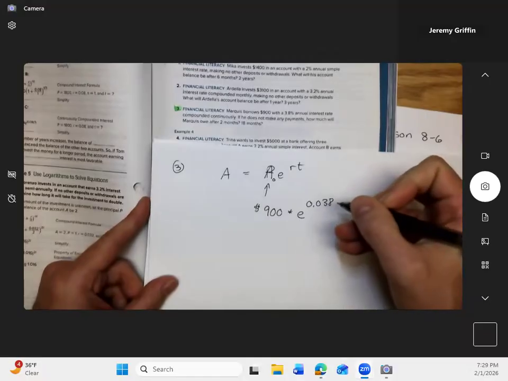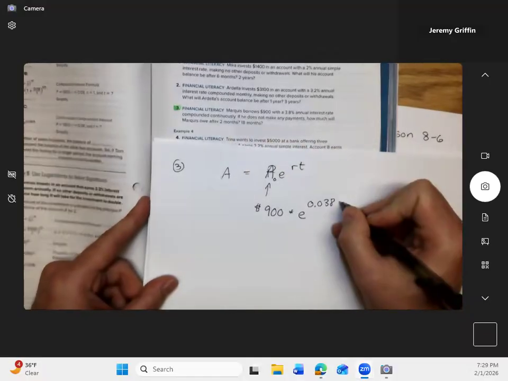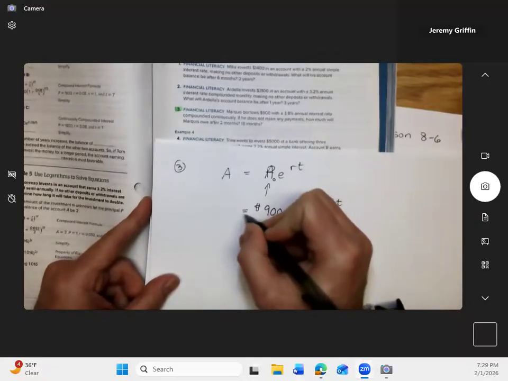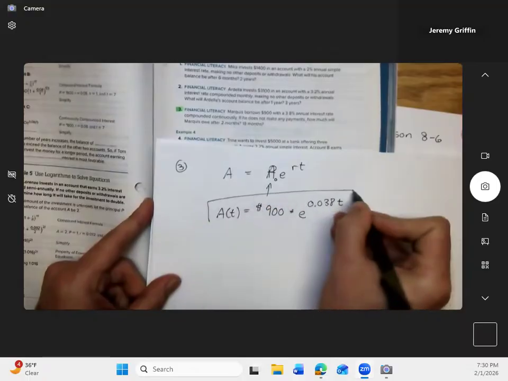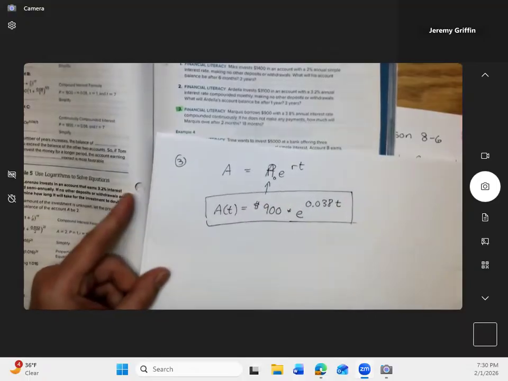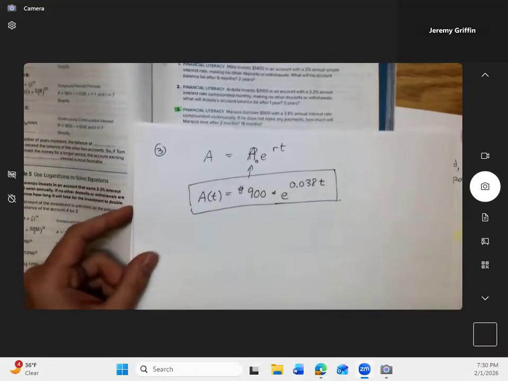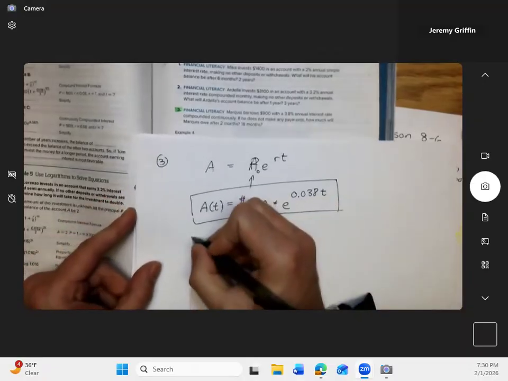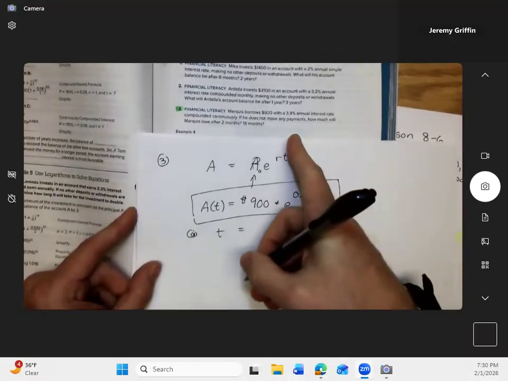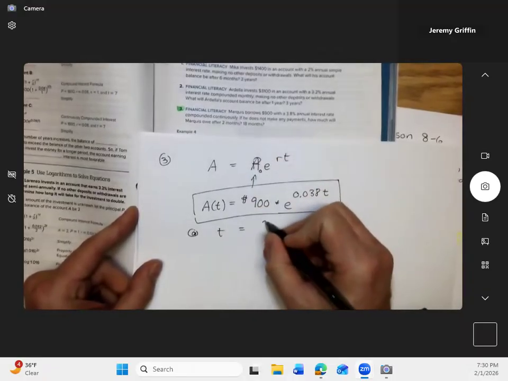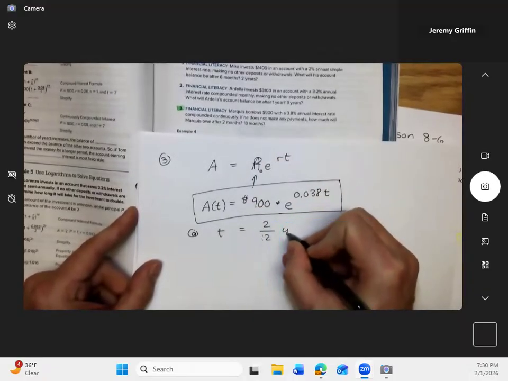And then how much will he owe? Well, let's make an equation first, like a function. The amount as a function of time is that, so we've got that expression. Now let t be 2 months. Isn't that 2 over 12 years?